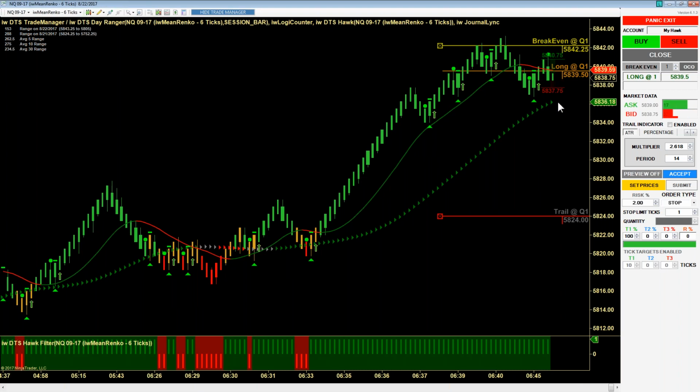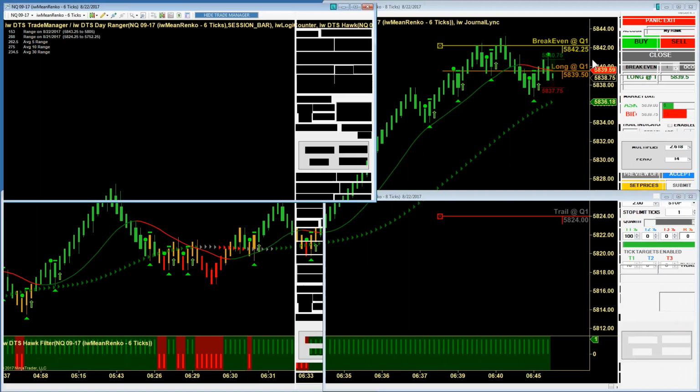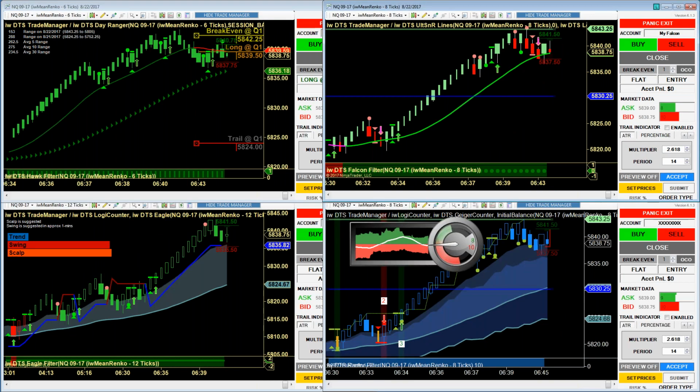So as they try to get back down toward this support zone right through here, the buyers should try to show up again. We're not getting any other signals just yet.